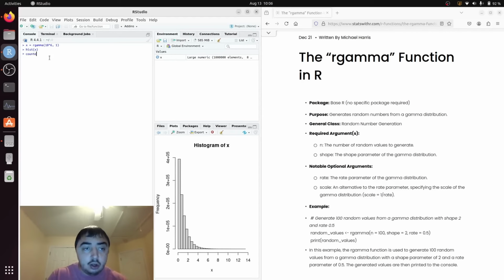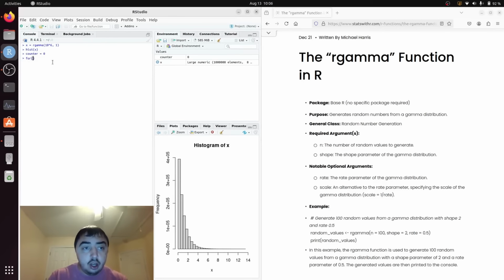So I'm going to do a quick simulation to get the proportion above 2. A natural thing you'd be asked to do in a statistics class, but instead of using the P, Q, and D variants of the rgamma function, we're just doing it by simulation.